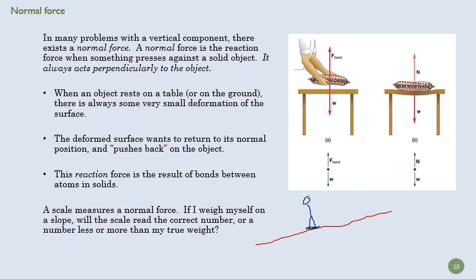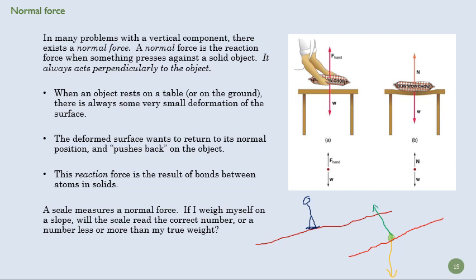So my weight force here, if we draw our free body diagram, here's my free body diagram. My weight force is pointed straight down, like so. My surface comes through here, and that means that my normal force is not directly opposed to my weight force, right?